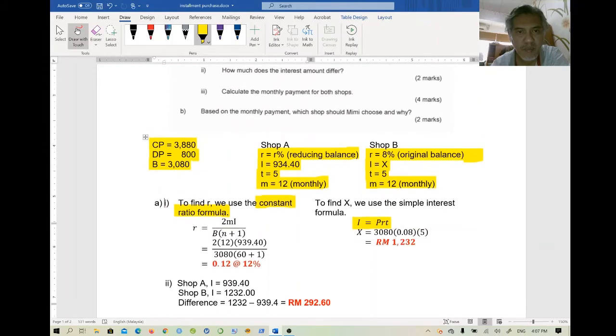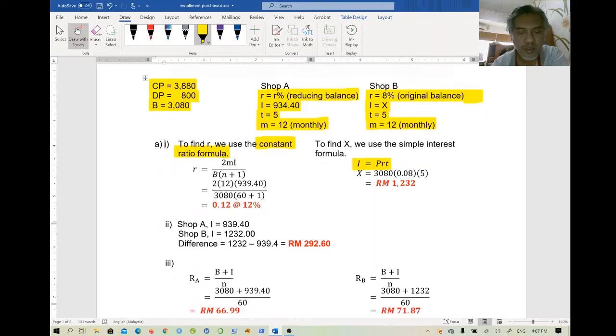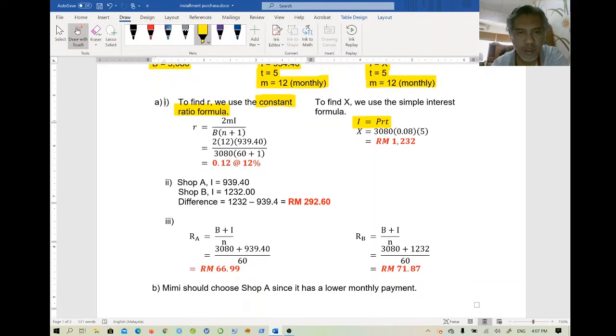And then the third part asks you to calculate the monthly payment for both shops. To calculate the monthly payment for both shops, what you need to do is to use the formula. R is referring to the monthly payment or the periodic payment, equal to B plus I divided by N, where B is the balance and I is the interest amount, divided by N, the number of payments.